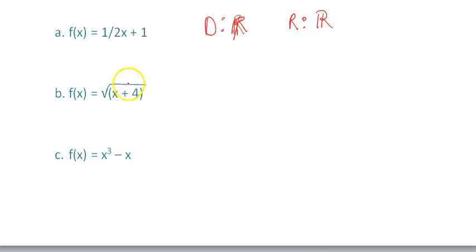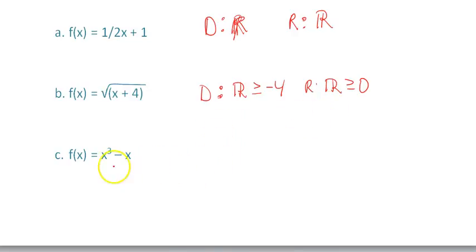Moving on to B, your square root of x plus 4, that's one we looked at. It's that square root graph that's been moved left 4, and so that would make your domain all real numbers greater than or equal to -4, and your range all real numbers greater than or equal to 0. And if you're having questions about how I got these, please raise your hand and call me over.